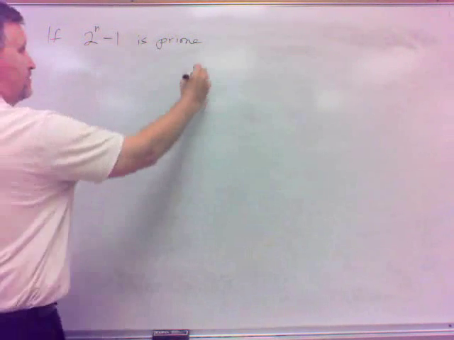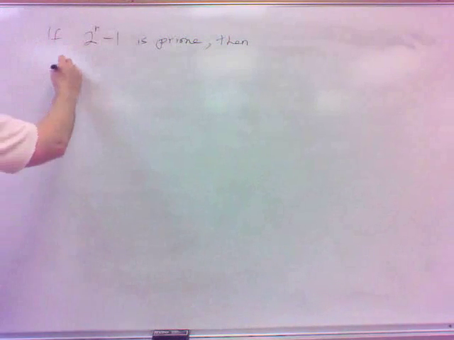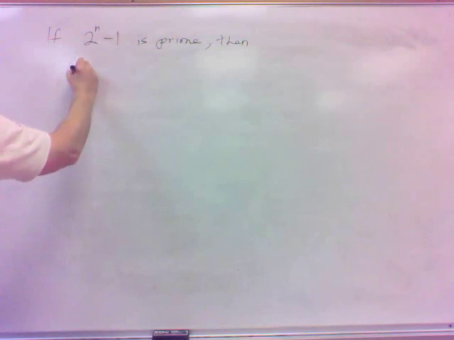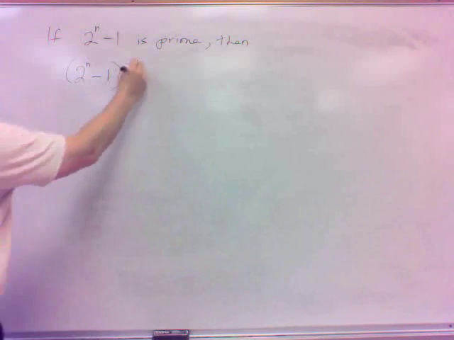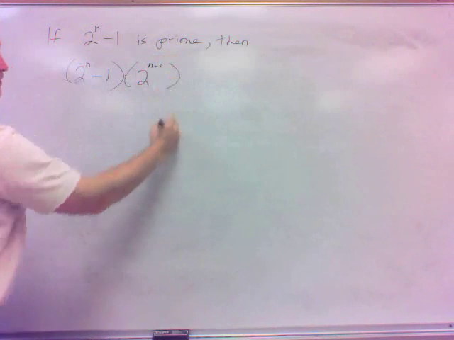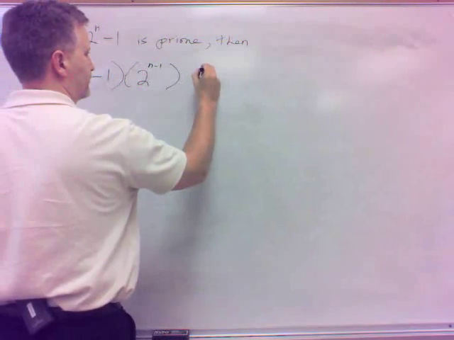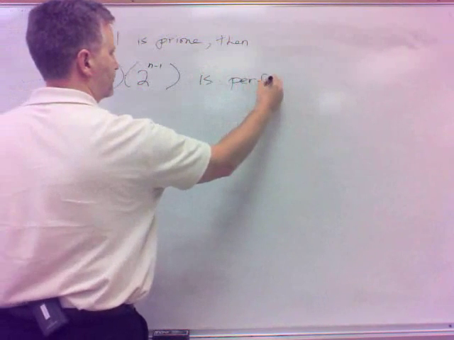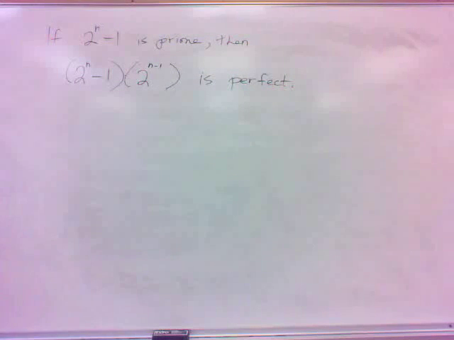If that's prime, then it turns out this combination here, if you go 2 to the n minus 1, same number, times 2 to the n minus 1 power, if you multiply those two numbers together, that's a perfect number. Strange, but it does work.